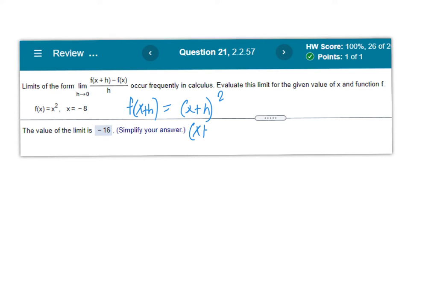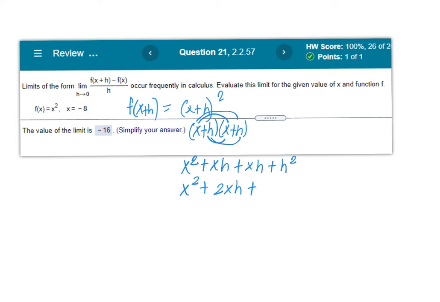So we're just going to say x plus h times x plus h, and you have to FOIL that to get x squared plus xh plus xh plus h squared. Okay. And then you just simplify it together? Yes.